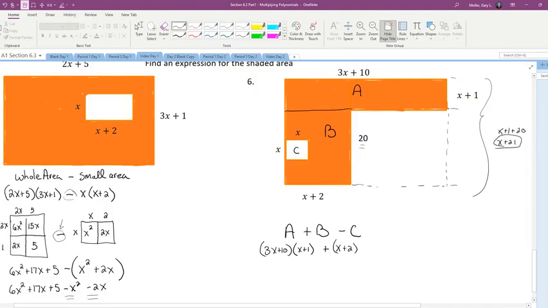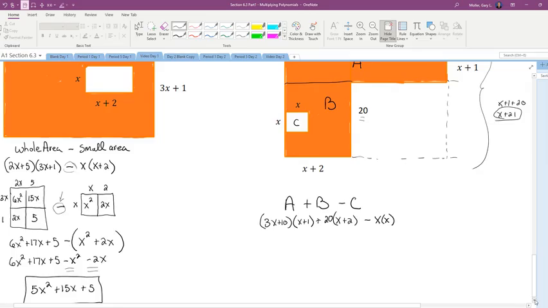I'm going to put the 20 in front. I like my distributive properties to have the individual monomial in front. So 20 times x plus 2, minus the square there, the x times x, that is C.